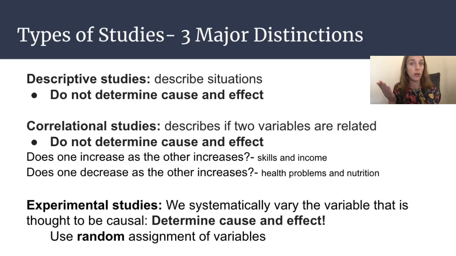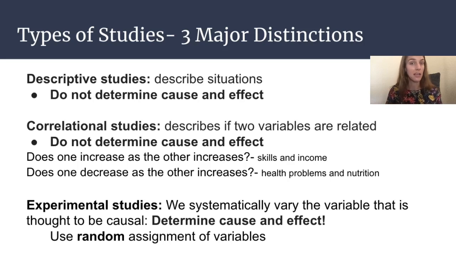As one variable goes up, does the other go up, right? Maybe skills and income. As our skills increase, our income should increase, right? Hopefully, anyway. That's why we work so hard to develop skills. Does one decrease as the other decreases? Maybe as your nutrition increases, your health problems decrease, right? So these are co-relationships or relationships that work together.